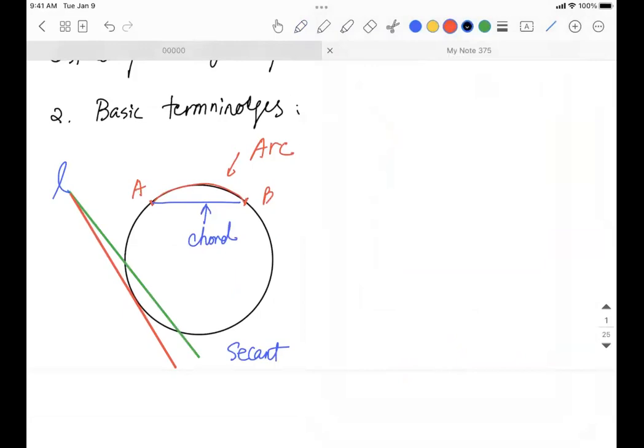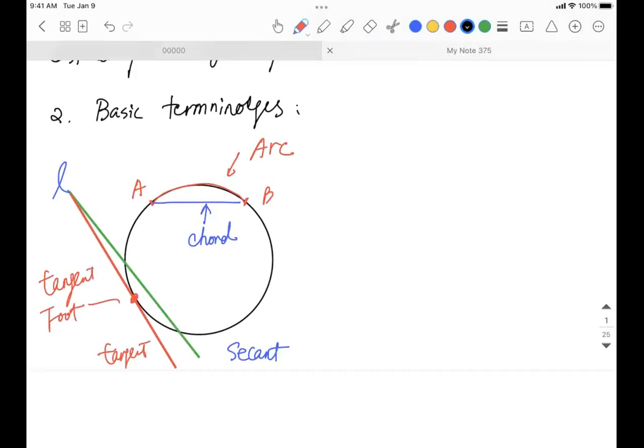Okay, I'm going to give a name to this line. That is a tangent, right? And also for the specific intersection point, I give a name, tangent foot. Is it understandable? This is something quite understandable, right?